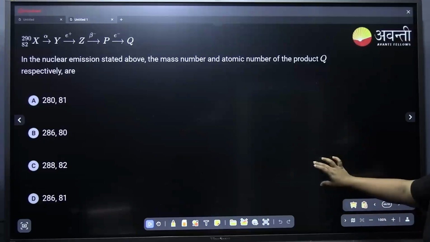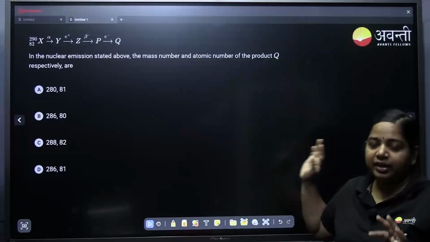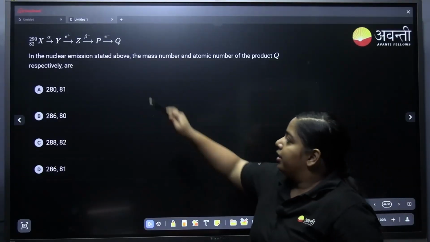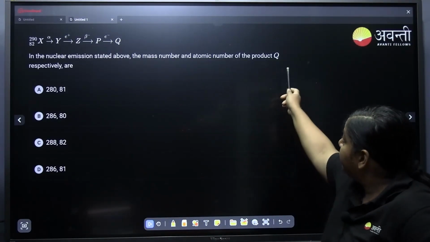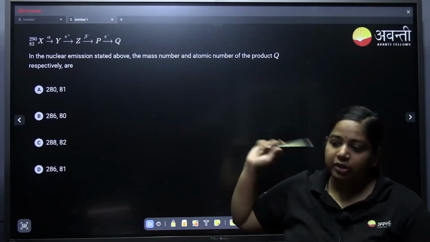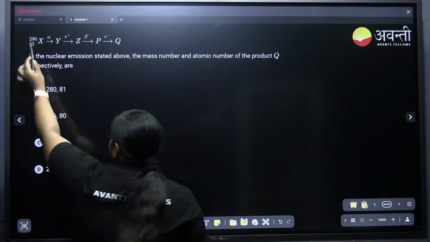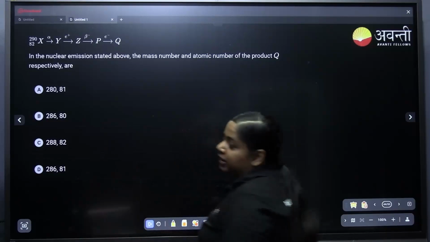Next one, a reaction is given, like disintegration. So what is happening? We have to find the mass number and atomic number of final product Q. Okay, so how are we doing that? Initially X is having 290 and 82.